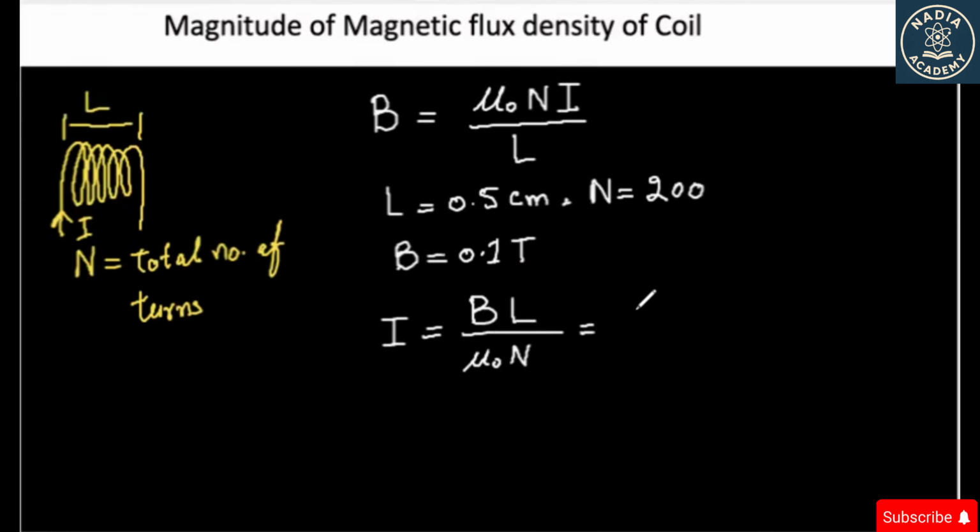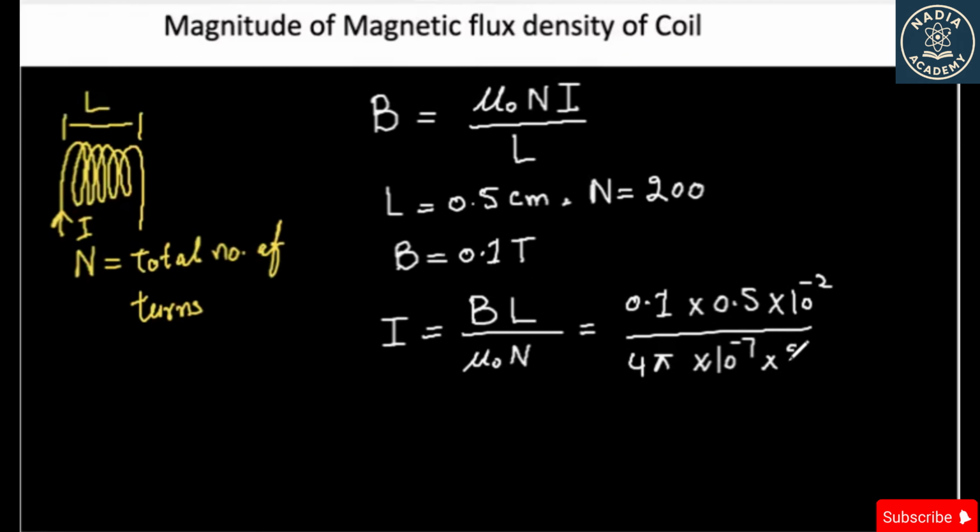Now we can do these simple calculations. B is 0.1. The length of the coil is 0.5 times 10 raised to power minus 2, divided by 4 pi times 10 to the power minus 7 times 200.